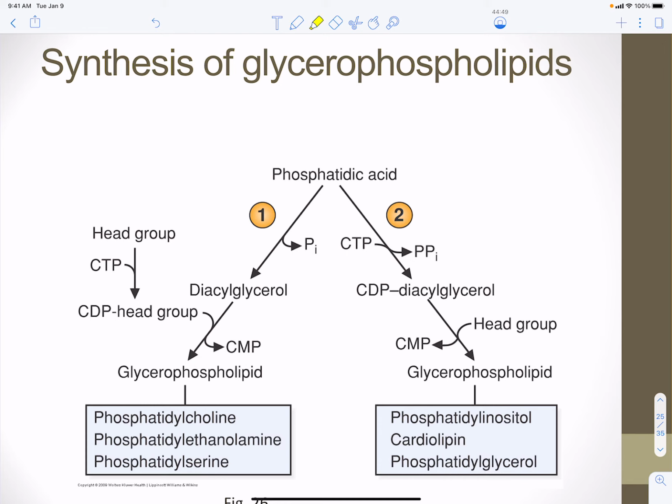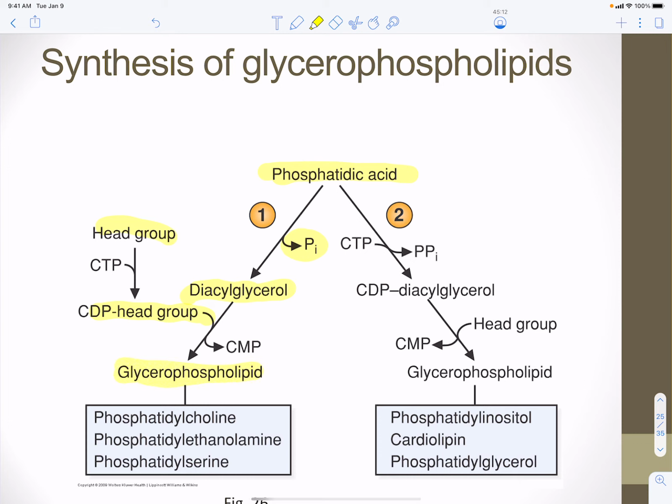So again, you have your phosphatidic acid, which was formed from glycerol 3-phosphate plus 2 fatty acids. And then to that phosphatidic acid, you can first lose the phosphate, become diacylglycerol at that 3 position, and then you have a head group that gets activated, and then that head group gets added.